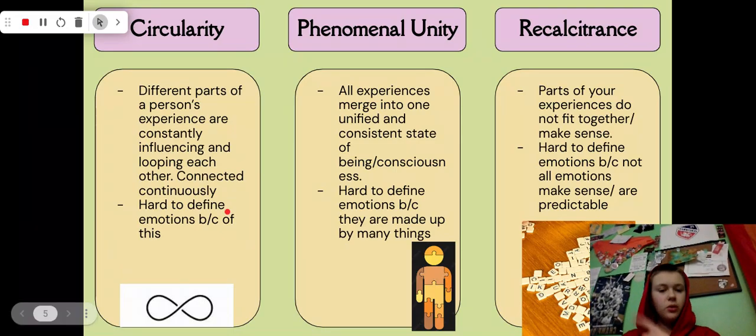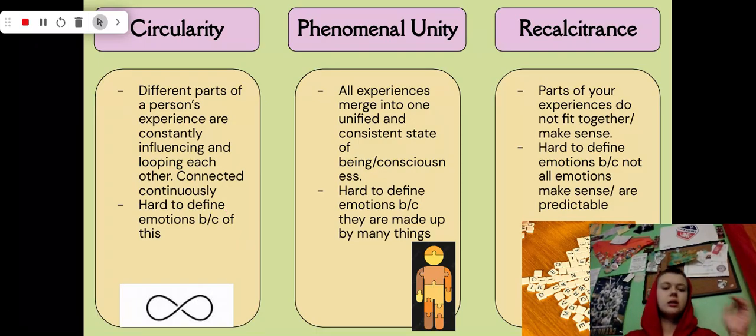It's a loop of feedback. So one experience is causing another experience, influencing another experience. It's a continuously interconnective pattern. Like you can say down here, this infinity symbol is continuously connected. It's looping around itself for all of time.